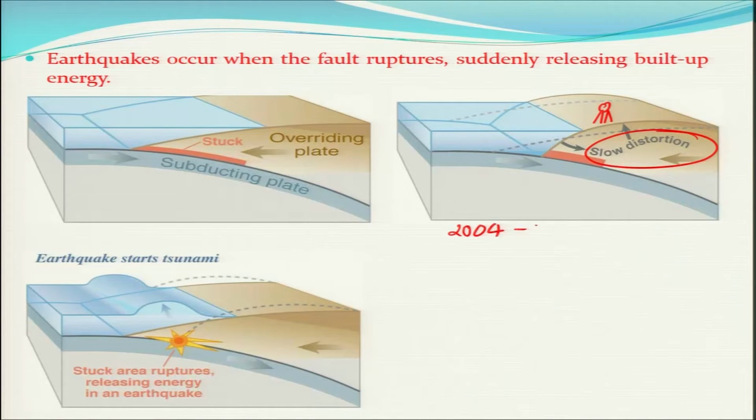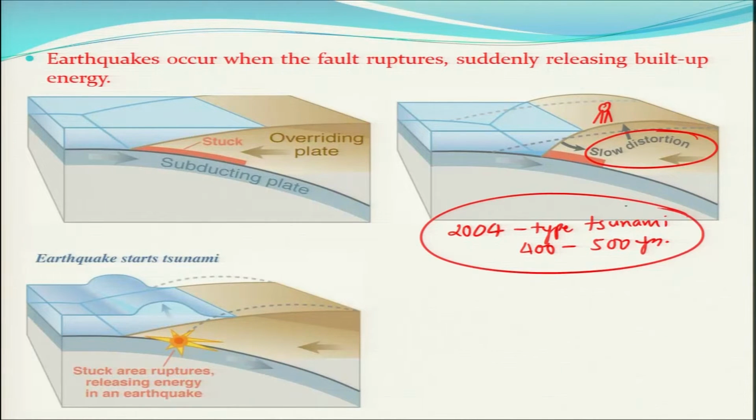As I told you, in terms of the 2004 type tsunami, the recurrence is around 400 to 500 years, but the source can be anywhere in the subduction zone.